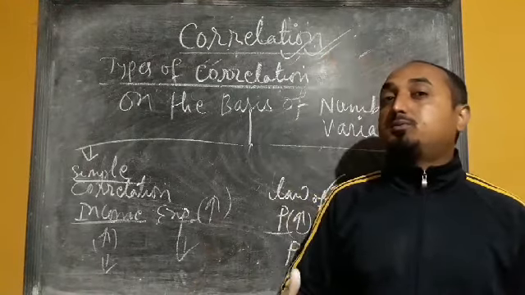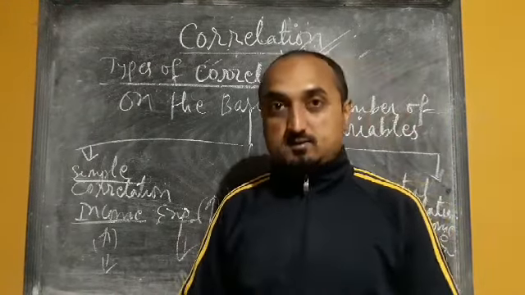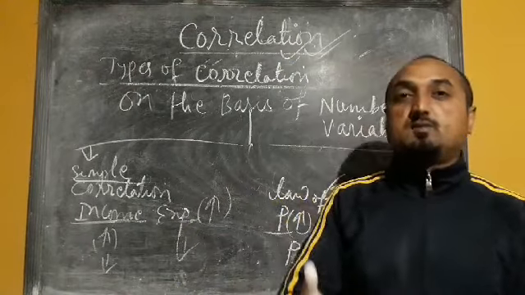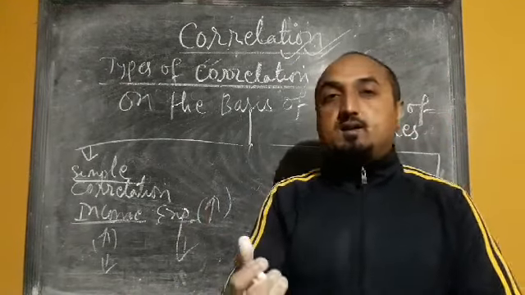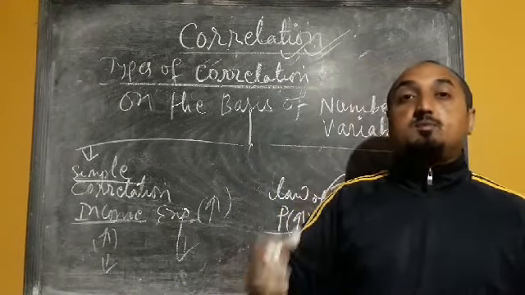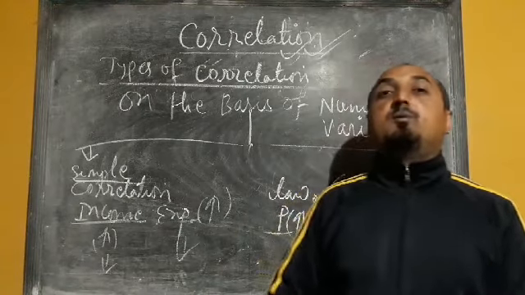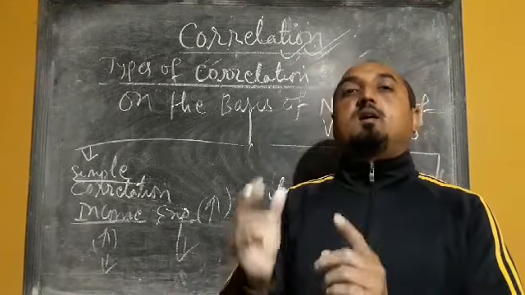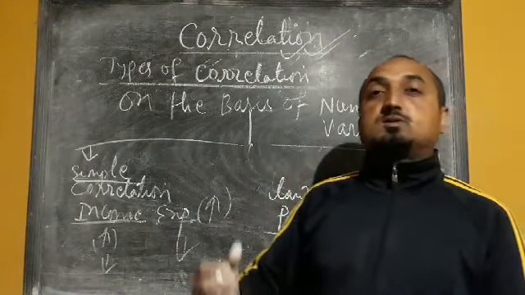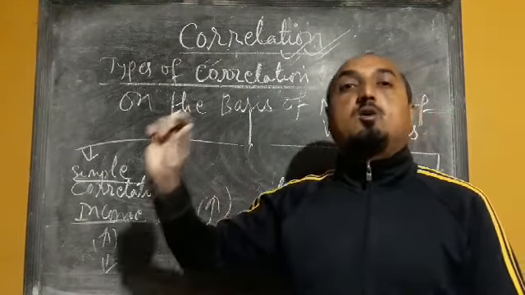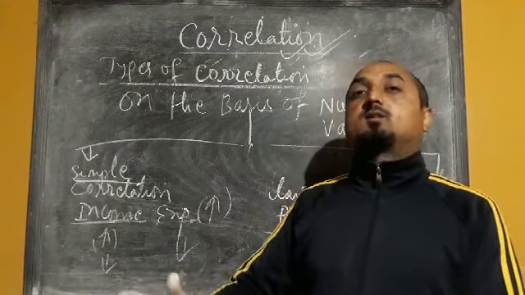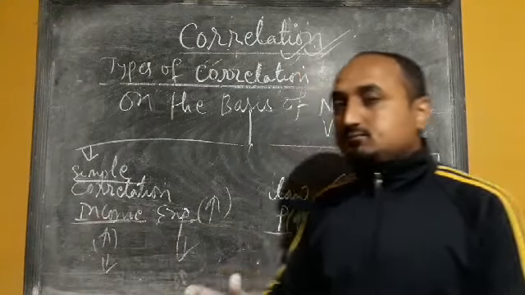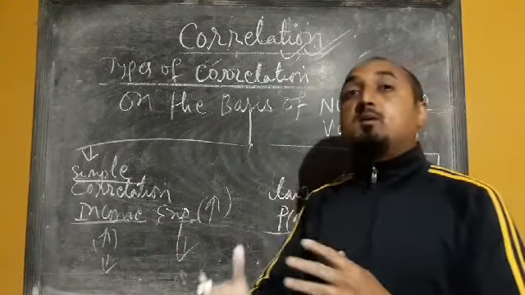So this production of food grains depends on many factors: amount of rainfall received, fertilizers used, high yielding varieties of seeds. If the quality of seed is better, if the amount of rainfall received is sufficient, if the fertilizers used are in a good proportion, then the productivity will increase. So here more than three variables are involved.